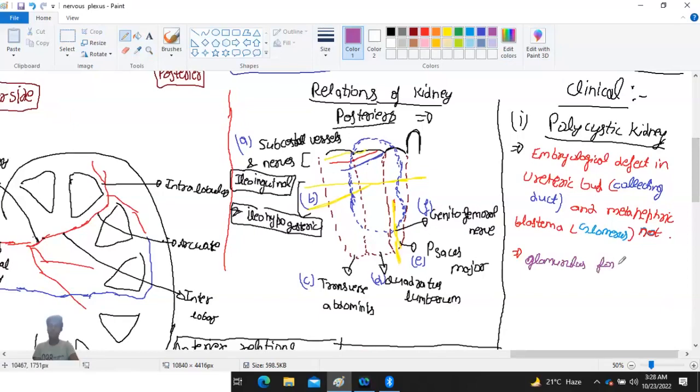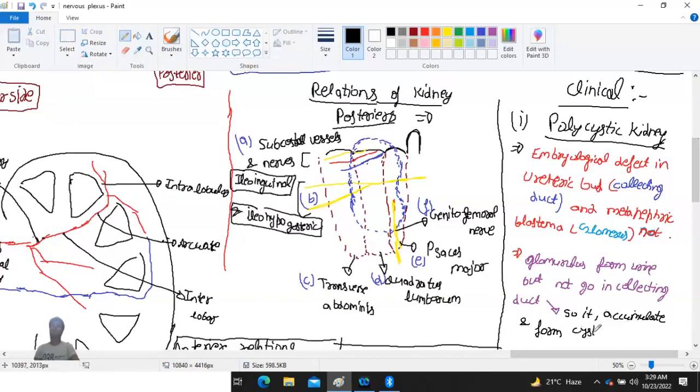So it accumulates and forms cysts. Basically bubble-like swellings form. Done.